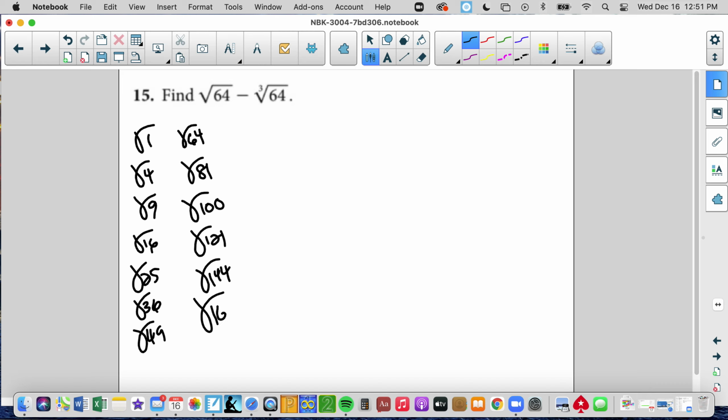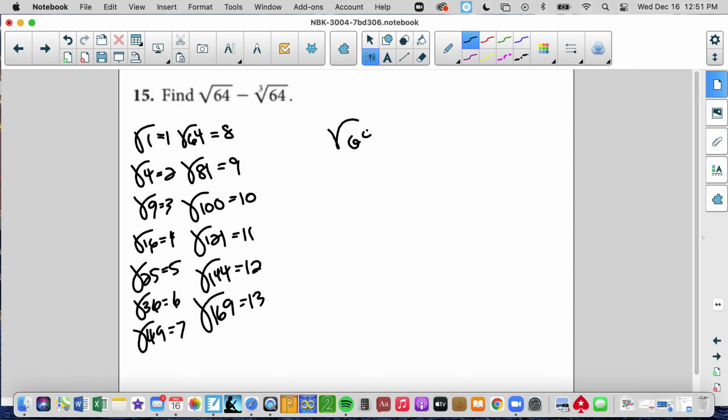Technically, you should know 13. That's an easy one. So these are called perfect squares. You should know the square roots of all of these perfect squares. So when we see the square root of 64, we should know that's equal to 8.